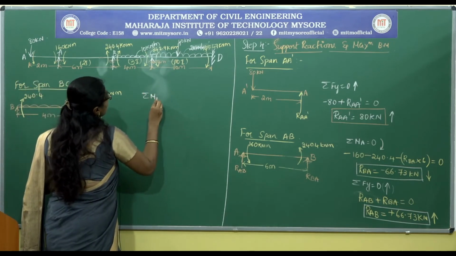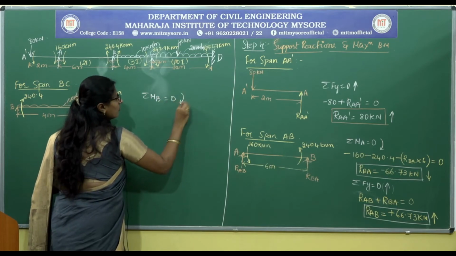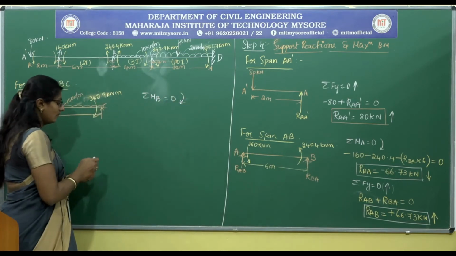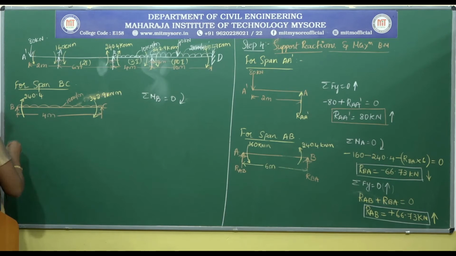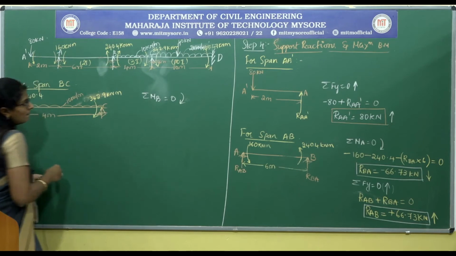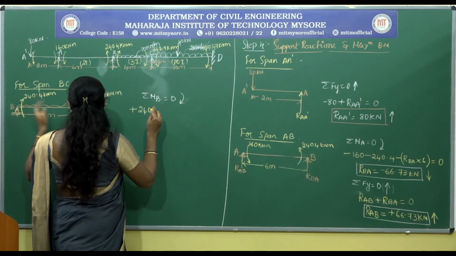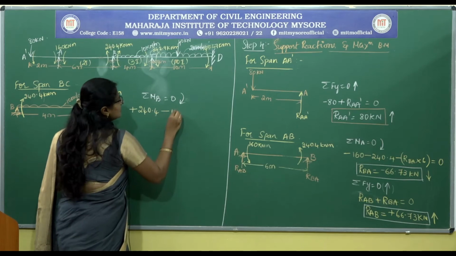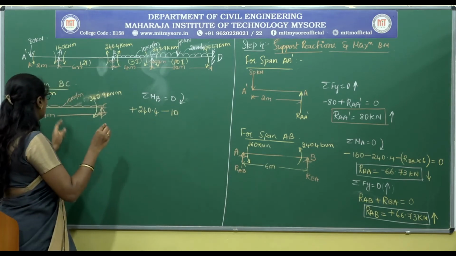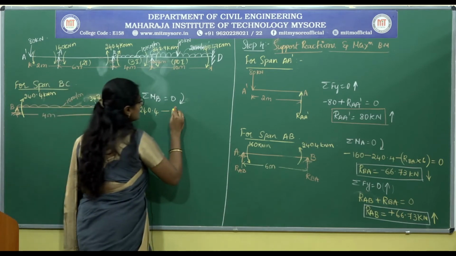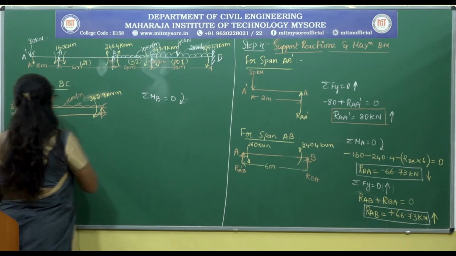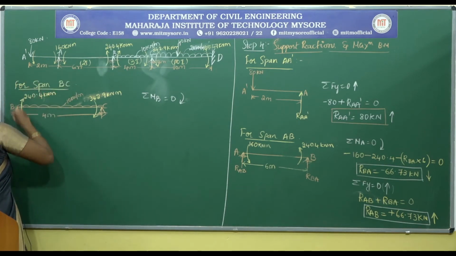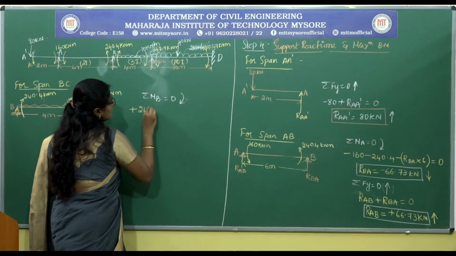For this also, sum of all the moments at B is equal to 0, clockwise positive. What are the loads and moments considered for point B? Minus 10 into the distance 4, multiplied by half of the distance. The 240.4 kilonewton meter is acting in the clockwise direction, therefore positive.